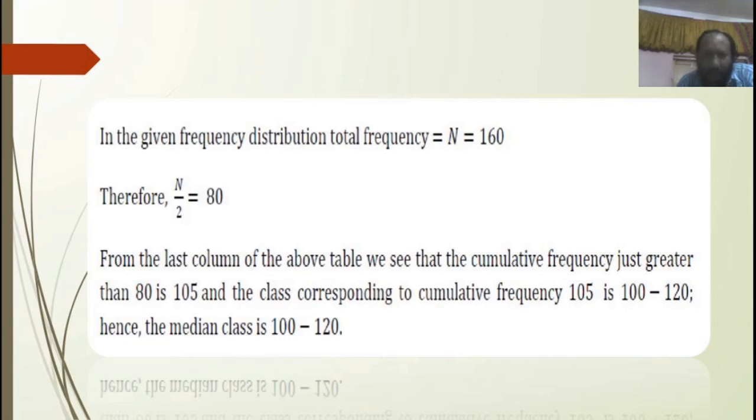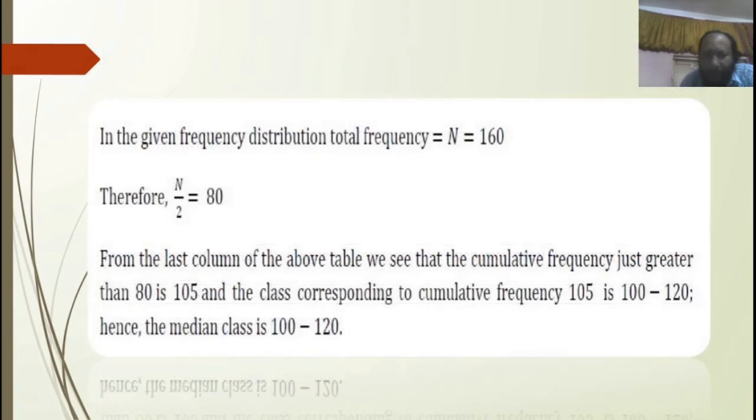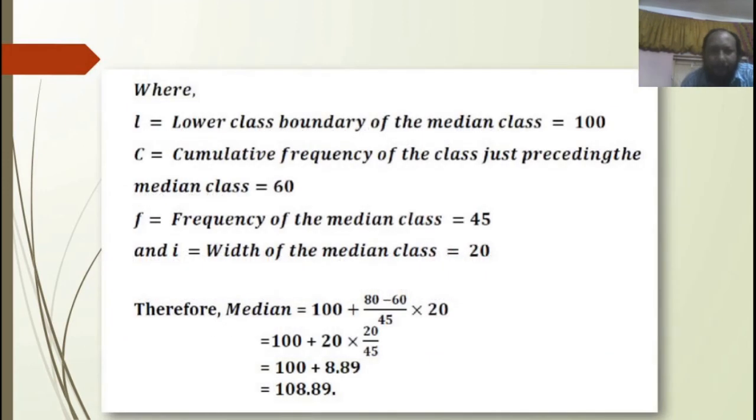From the last column of the above table, we see that the cumulative frequency just greater than 80 is 105, and the corresponding frequency is 45, and the class interval is 100 to 120. So the median class is 100 to 120.